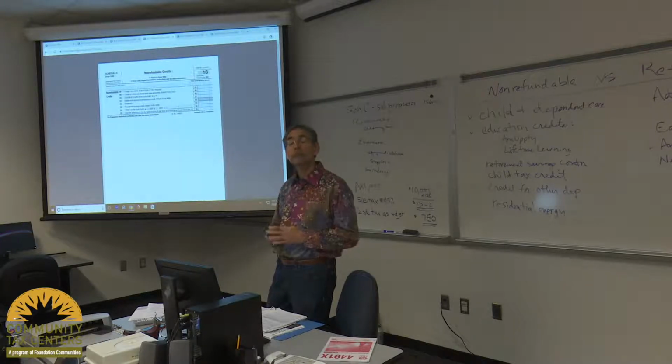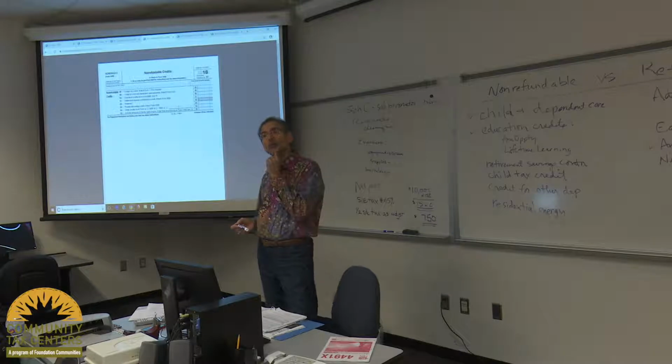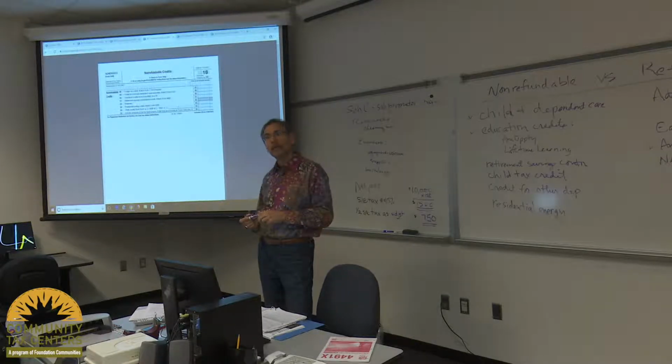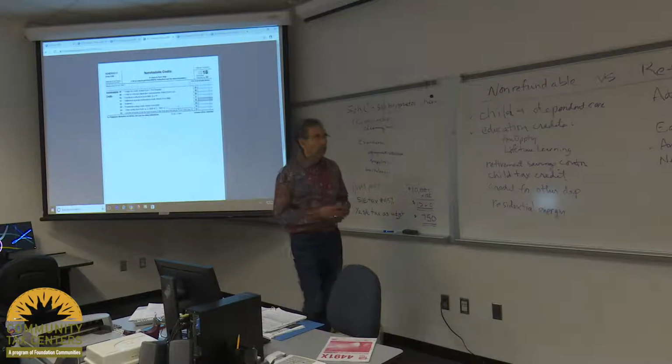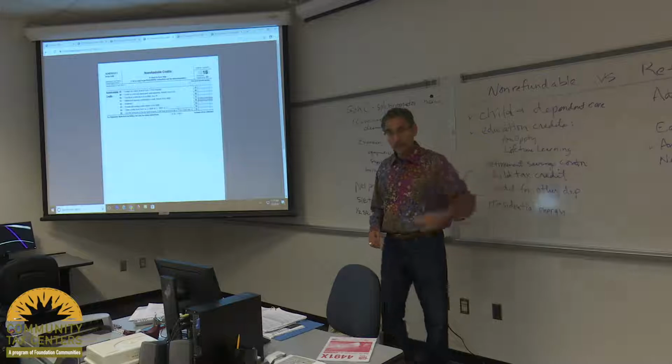Okay? Yes, ma'am. On that one, if you get the additional child tax credit of $1,400, does that mean you don't get the other one? No, just cumulative. It can't be more than $2,000. It's just saying that. And you may not get all the $1,400. It's up to $1,400.